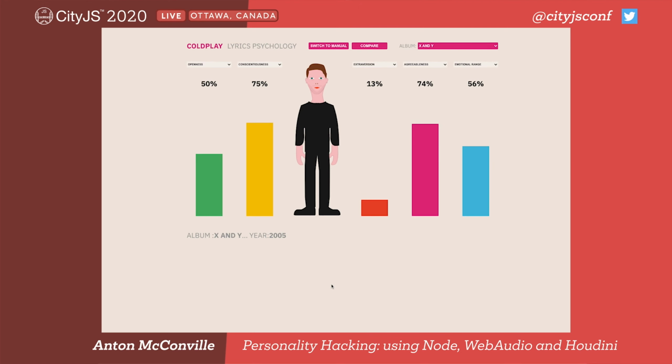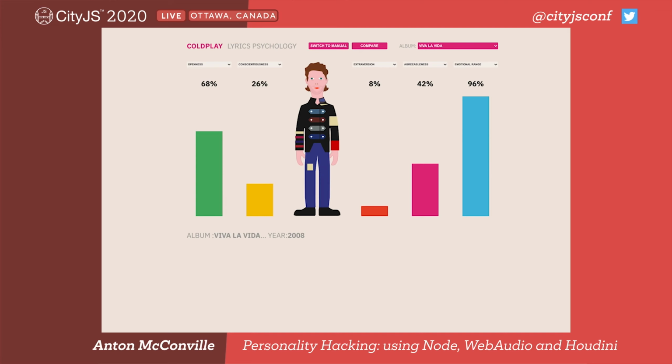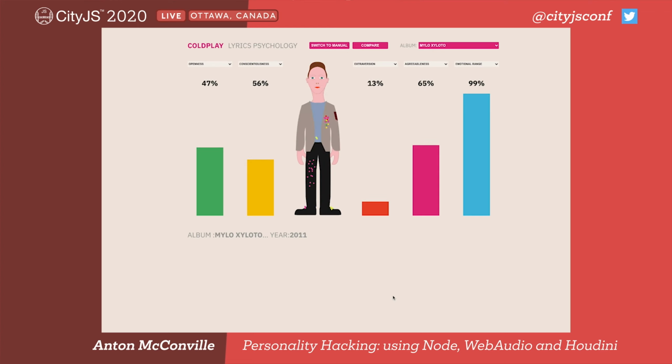And this is what it looks like. Here, I've made the Chris Martin era figure front and center. And you can see I've animated the changing of the measurement of the percentiles for each of the big 5 personality traits for each of those albums over time.